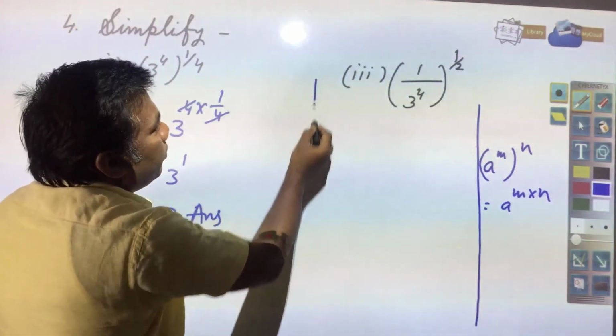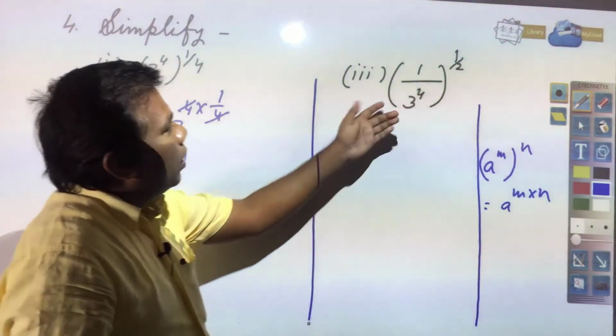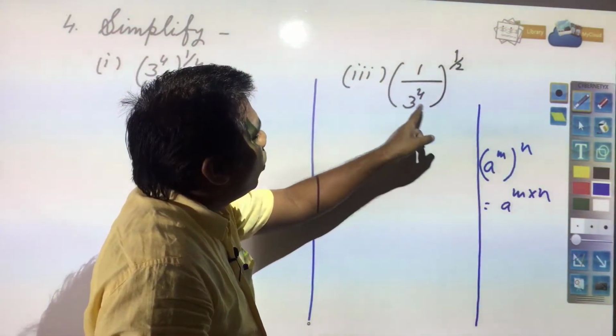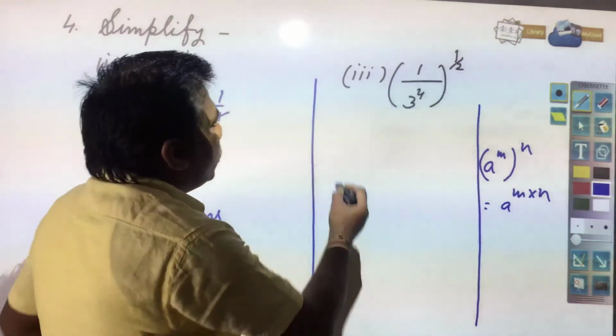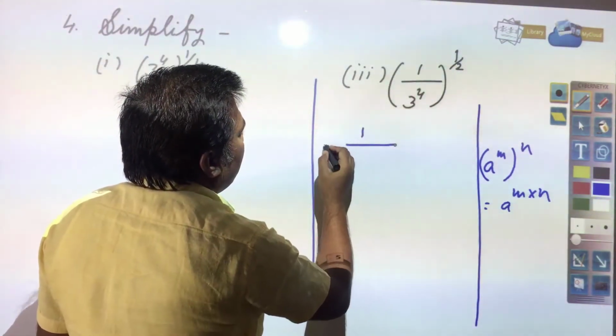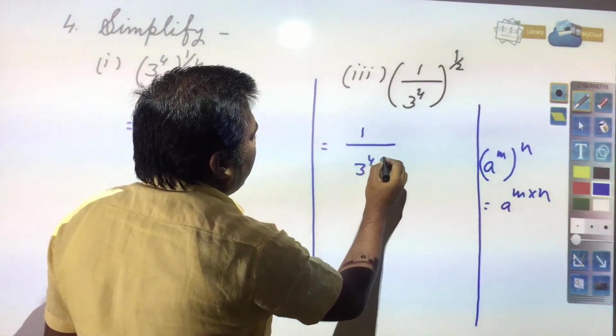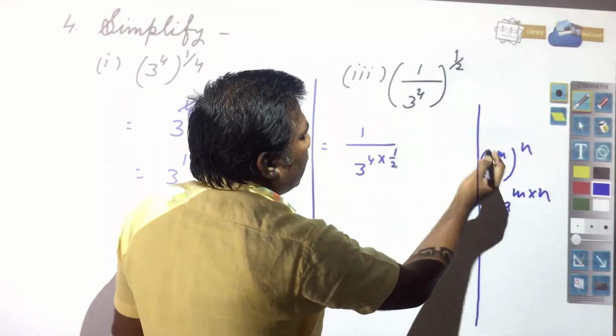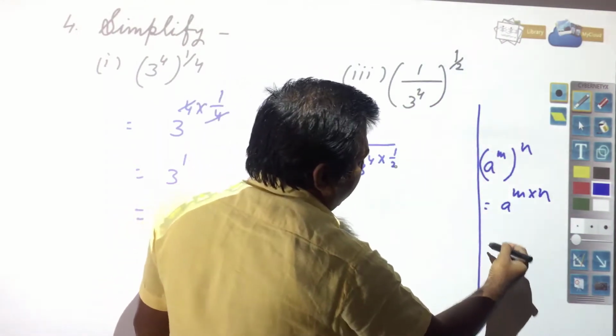Next you have 1 by 3 to the power 4 whole to the power 1 by 2. So, this can be written as 1 by 3 to the power 4 into 1 by 2. The same thing applies in division also.